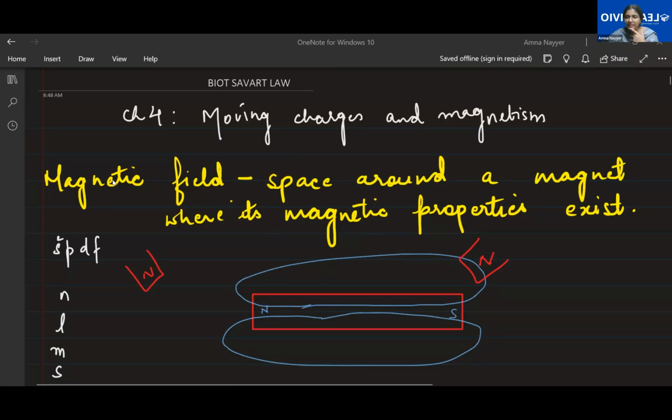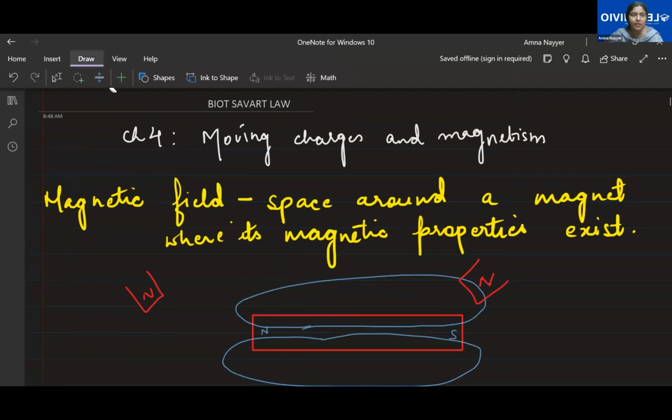No? What about others? Are you able to catch what I said? Like if it is 3p square, so n will be 3 and all. Yes, you have done. And what about others? I remember. You remember, Ubaidullah? Yes, ma'am. Now you are able to recall. It was there in chemistry.